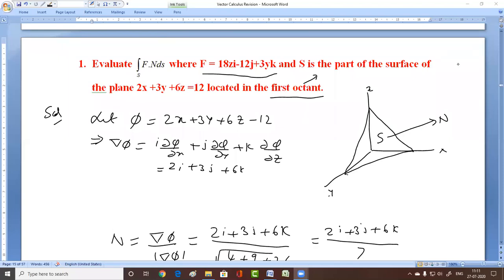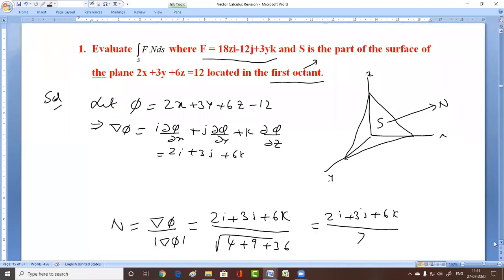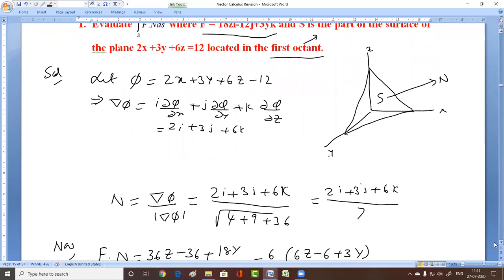So first we will find the n value. N is nothing but the unit outward normal to the surface. The given surface is phi. So first we will find the gradient of phi. Gradient of phi is a normal to the surface. For this purpose, we will find del phi using the formula i dou phi by dou x plus j dou phi by dou y plus k dou phi by dou z.